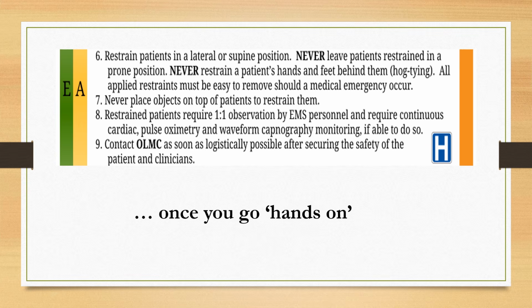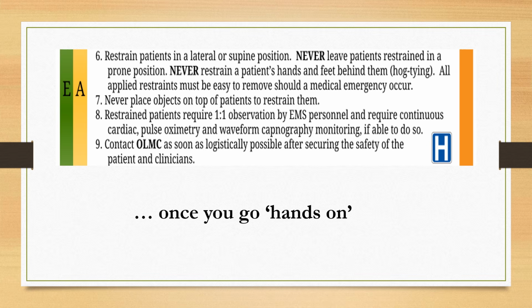So once you've decided to go hands-on, you need to make sure you restrain patients in a lateral, so on their side, or supine position. Never, ever, ever leave a patient prone or hog-tied. That's when their hands and feet are tied behind them. And all applied restraints must be easily removed should a medical emergency occur. We should never place any sort of objects on top of patients to restrain them.